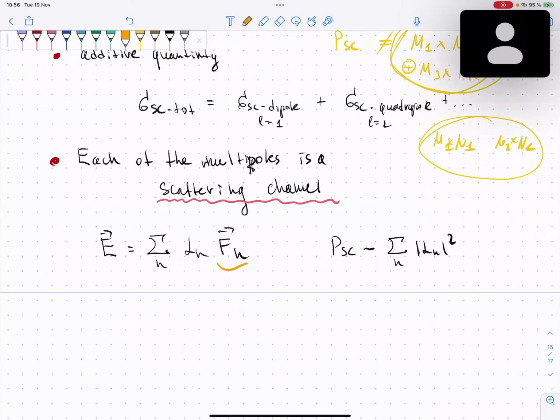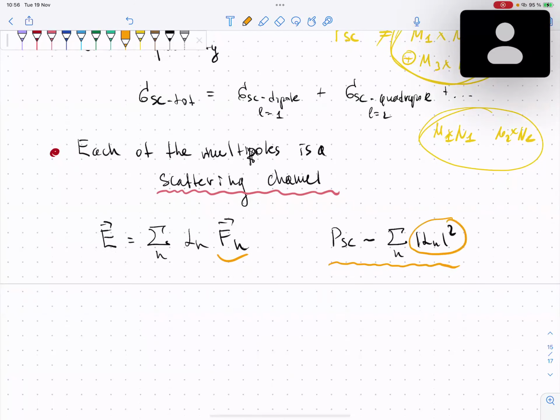In other words, the expression for the power radiated into the far field, or the scattered power, should contain only terms like this. There should be no terms like alpha n prime alpha n. So these scattering channels are independent in this sense.